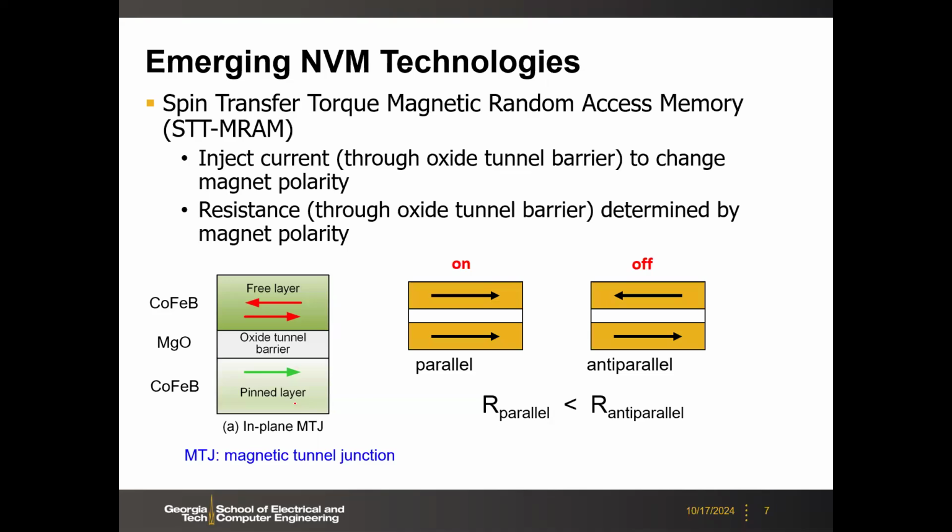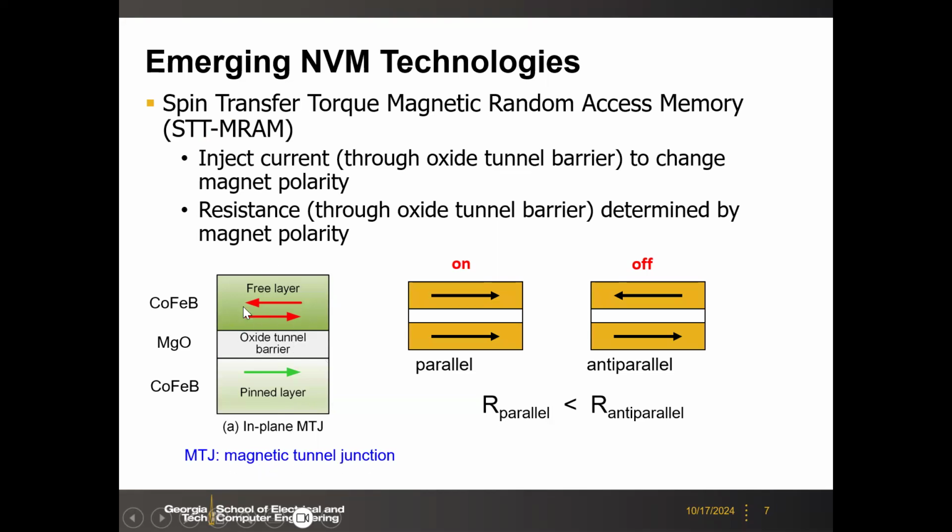Okay, so here, the first one is the spin transfer torque magnetic random access memory, MRAM. This is STT-MRAM. We're going to discuss different flavors of MRAM later, but today we will show the STT-MRAM because this is in volume production in the industry right now. Here, the fundamental building block is called the MTJ, magnetic tunnel junction.